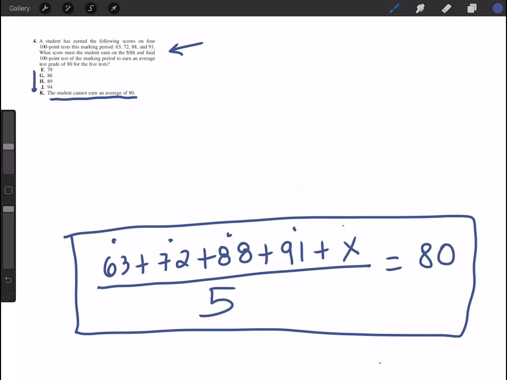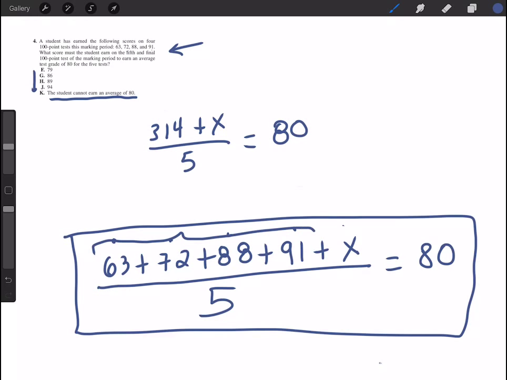So 63 plus 72 plus 88 plus 91 is equal to 314. So we get 314 plus x divided by 5 is equal to 80. All I did was add these numbers.